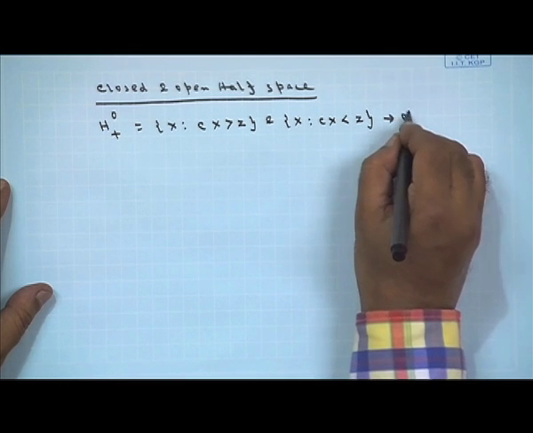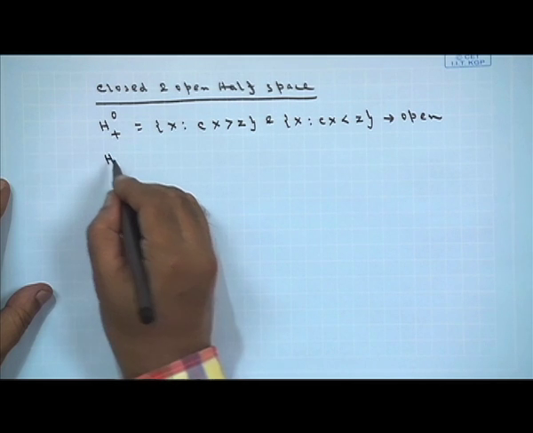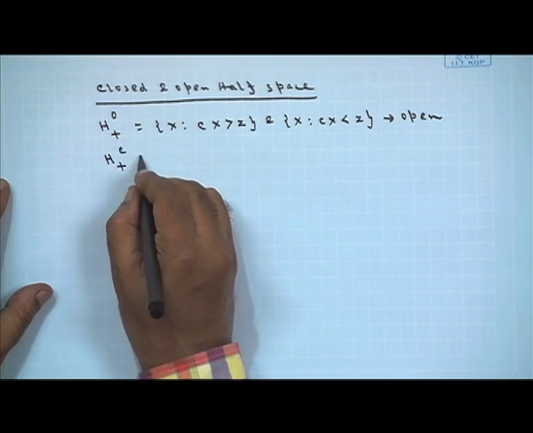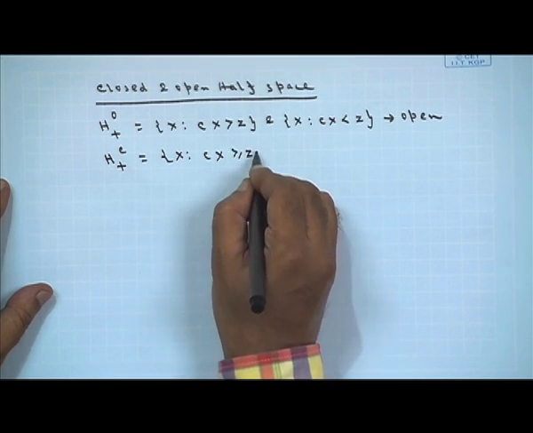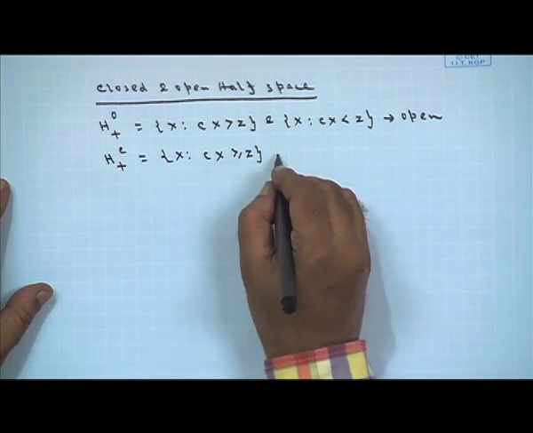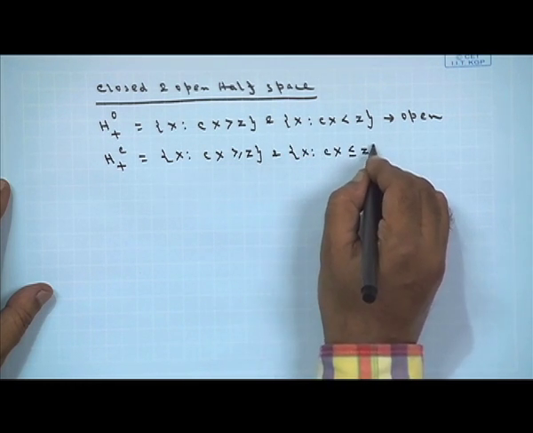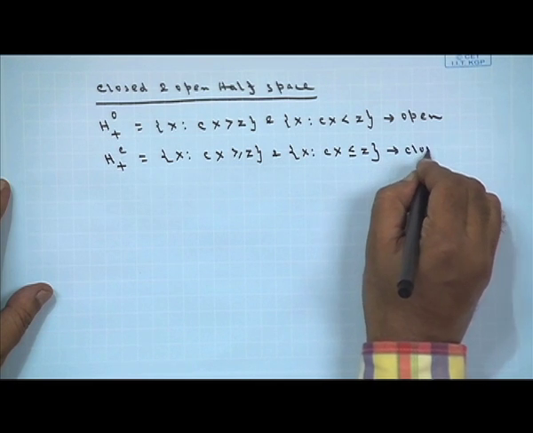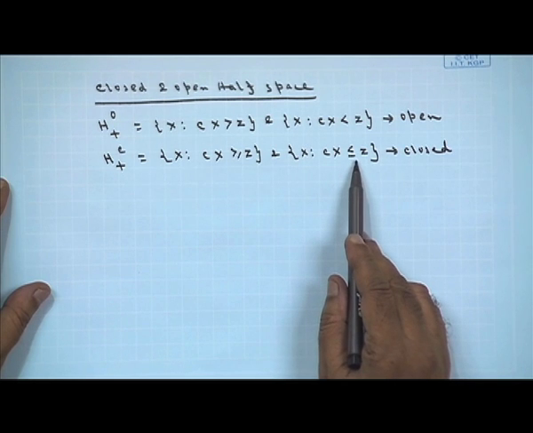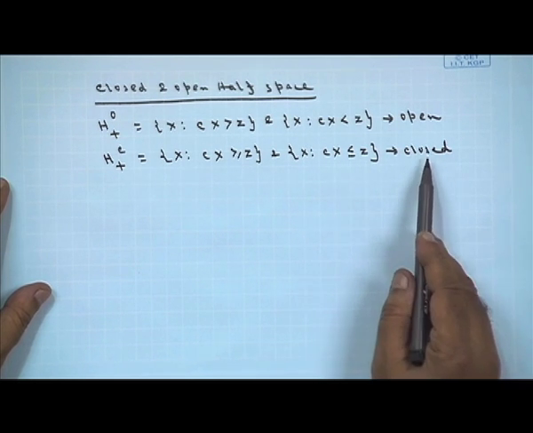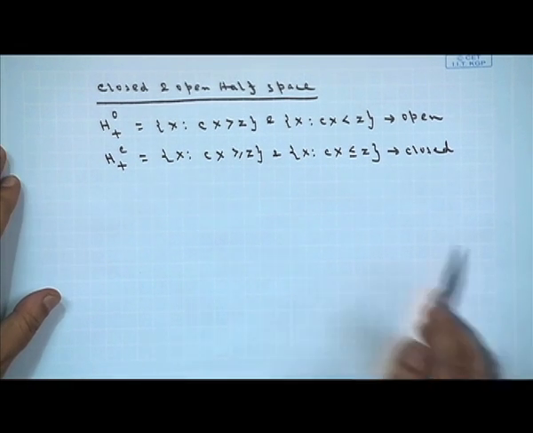This we are calling open half space. Similarly, closed will be x such that Cx greater than or equal to z, and x such that Cx less than or equal to z. So, you can understand the difference. Just like open set and closed set, you are including this point or not. Like this way, we are defining it as an open or closed half space.